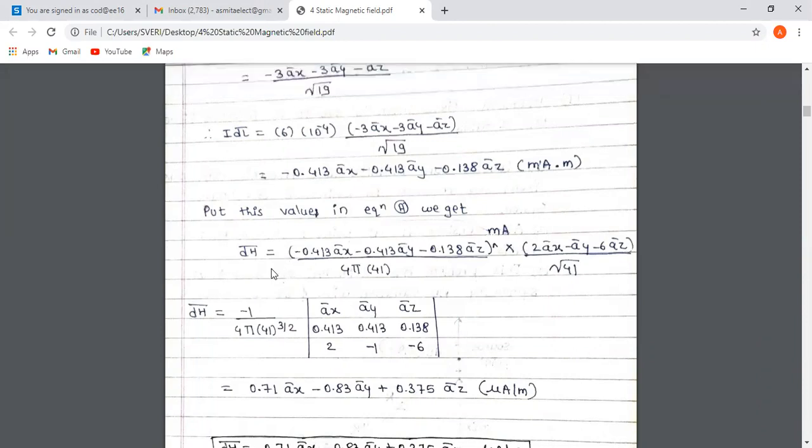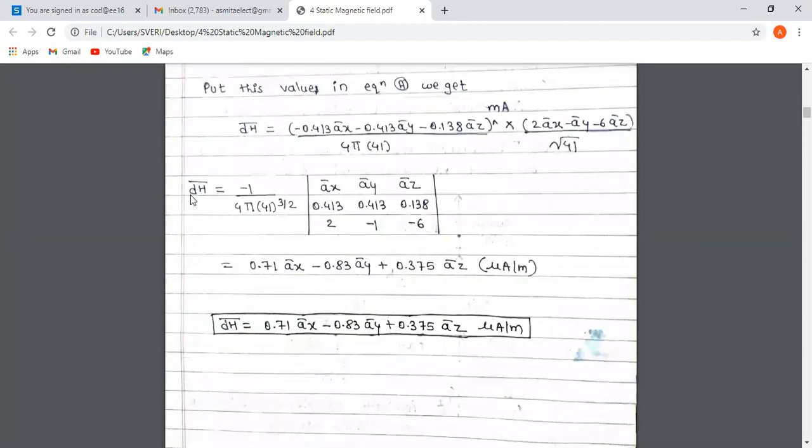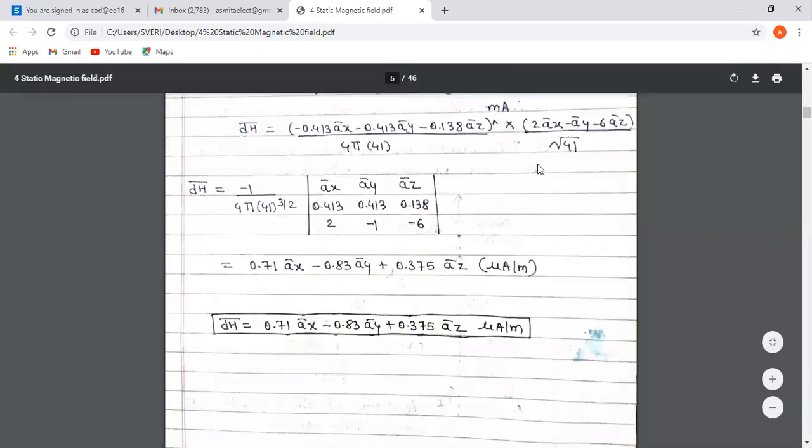dH bar is equal to I dl bar, that is this term, cross a bar r. Now a bar r is this term divided by 4 pi r square, that is 4 pi into r square is only 4π. So we get here this term dH bar is equal to. Now actually here we have to take the cross product.